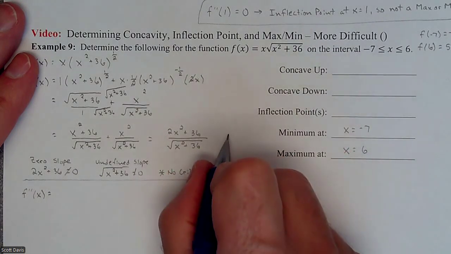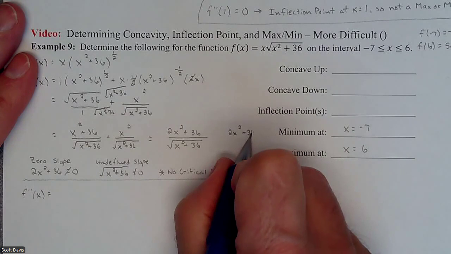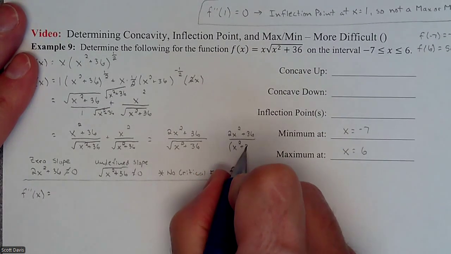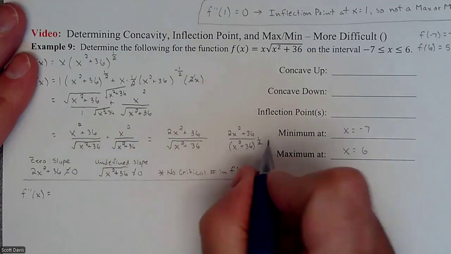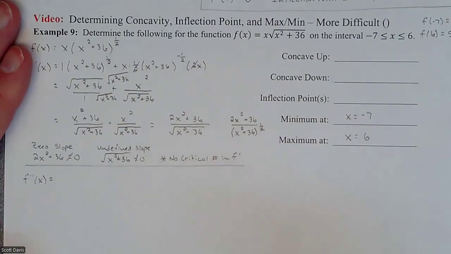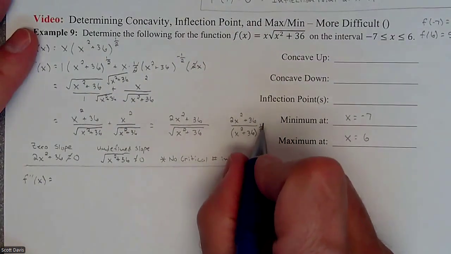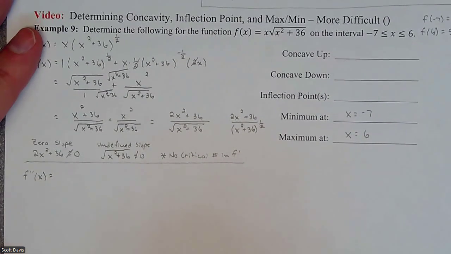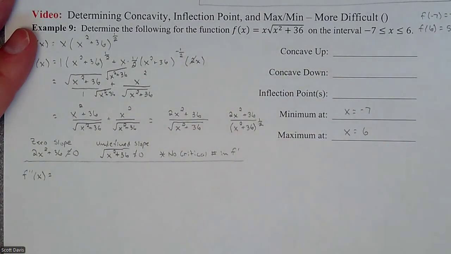So when we do our derivative, we may want to think of it like this, like so, when we're doing our quotient rule that we're about to do. Now I could bring this up and I could do a product rule on it as well. I'm just going to leave it as a quotient rule and just kind of fight through it. No matter what, it's not going to be simple. So I'm just going to leave it like that.